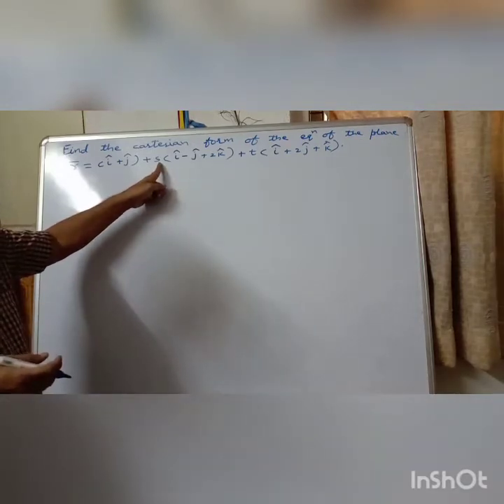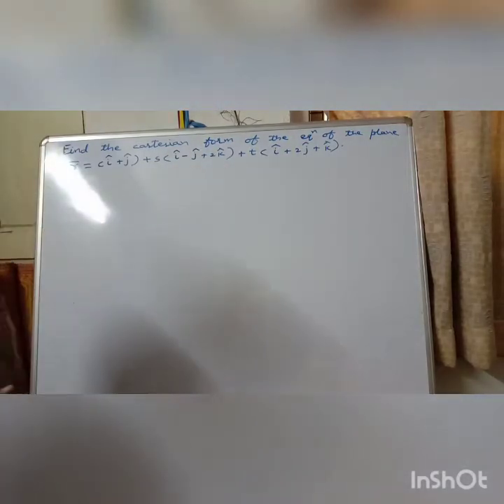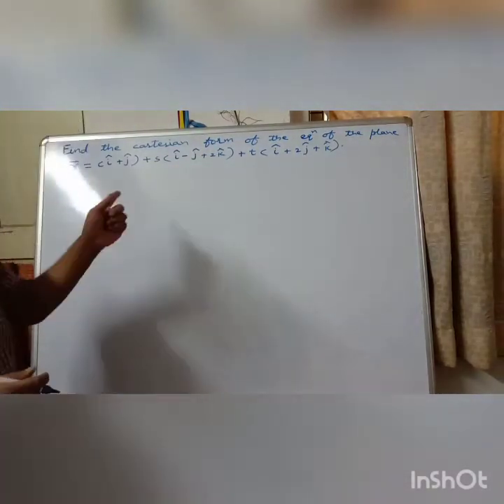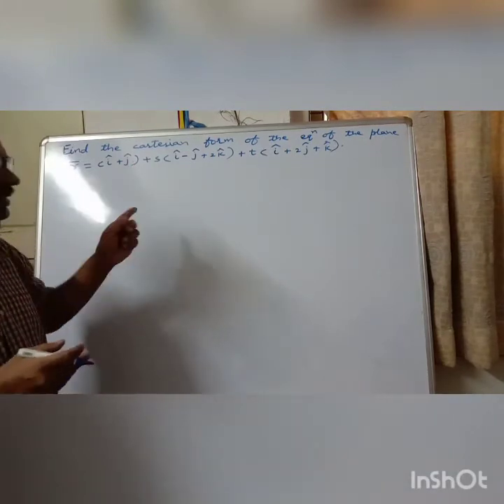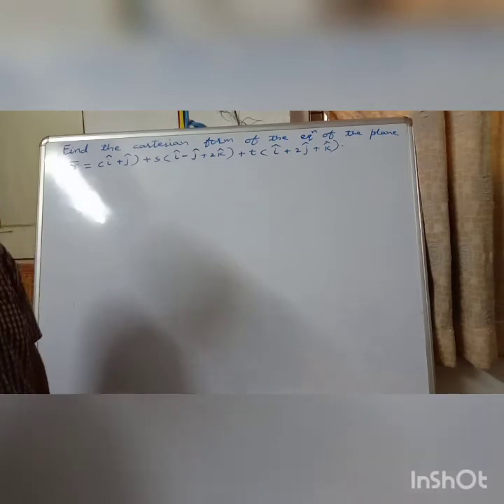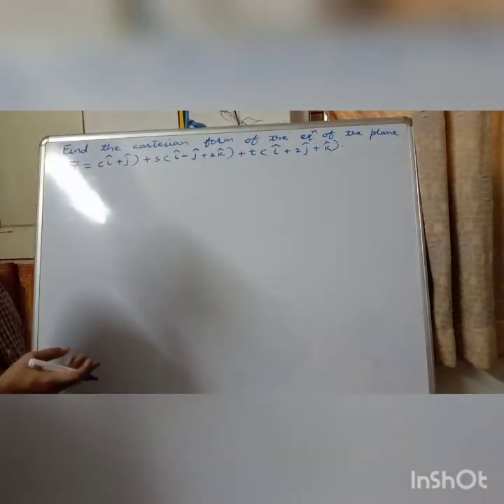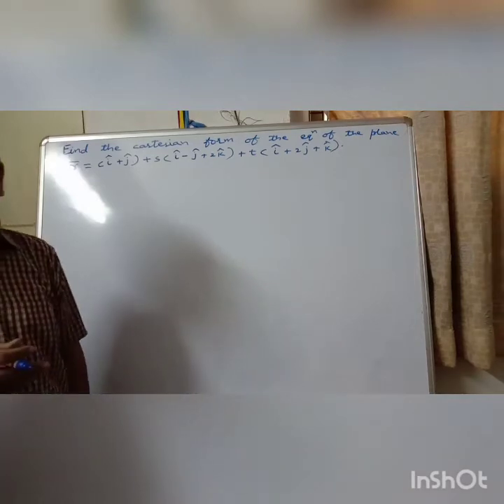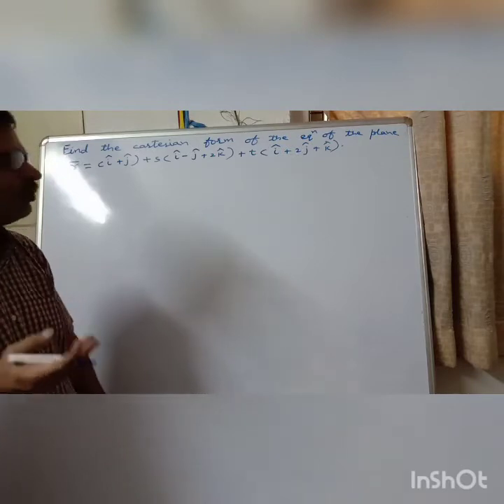Outside second bracket s is present, outside third bracket t is present. So here s and t, they are the parameters. So this equation, it is in parametric form. So before converting it to the Cartesian form, we have to convert it into scalar product form.